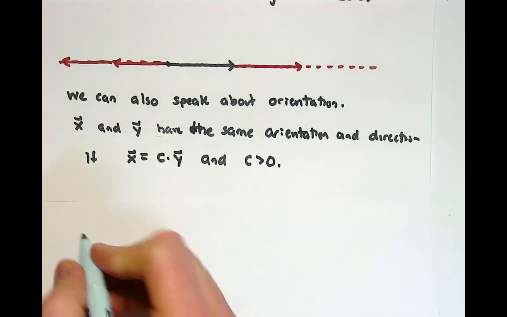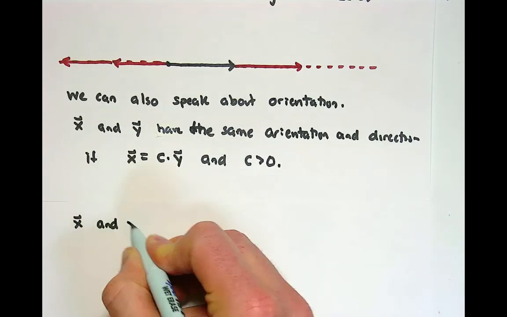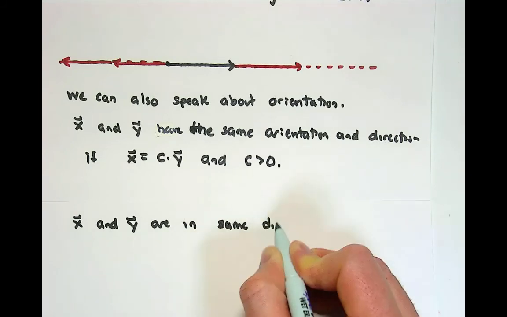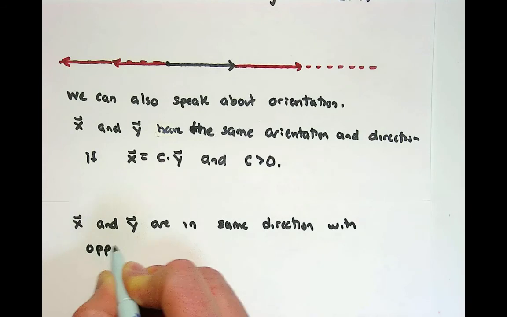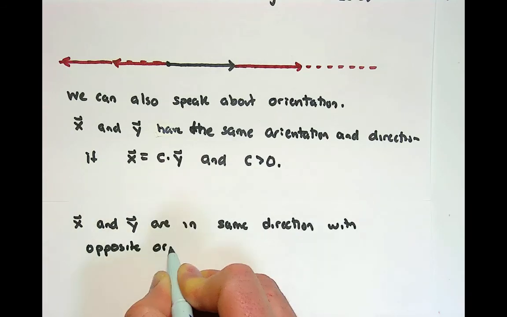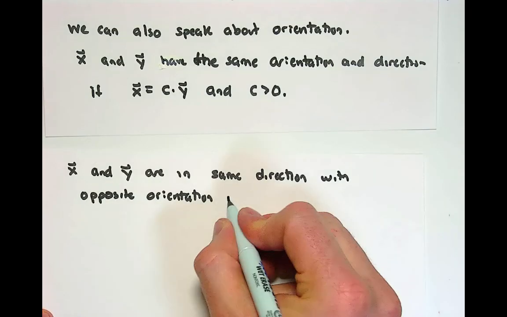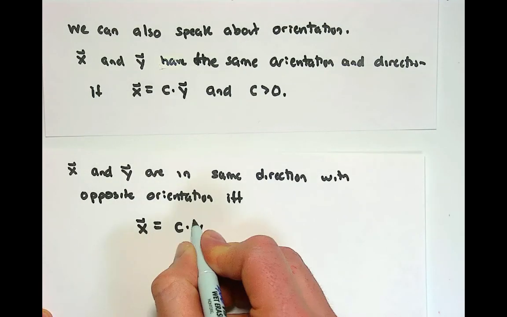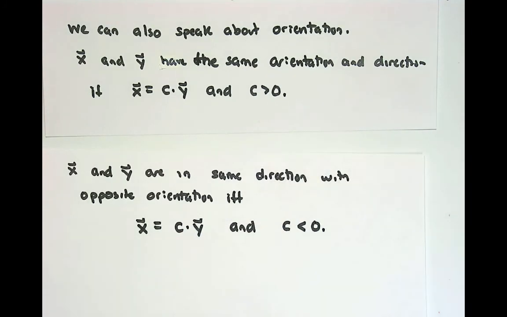We would say that they are oppositely oriented, with opposite orientation, if and only if x is equal to c times y and c was negative.